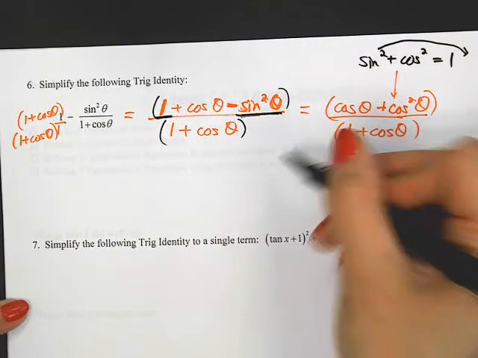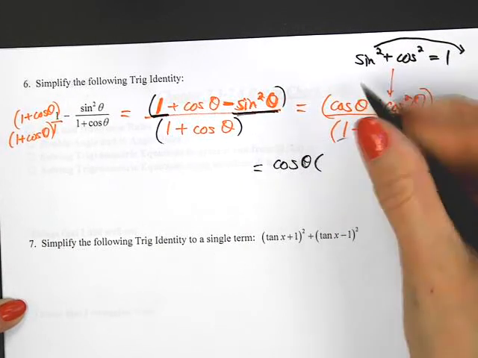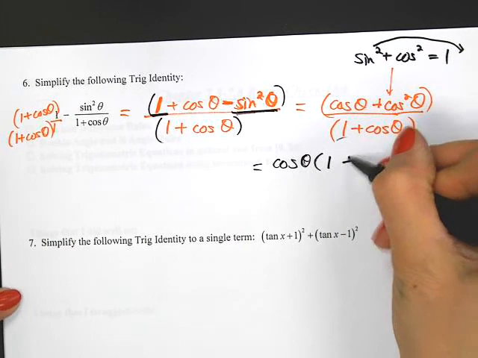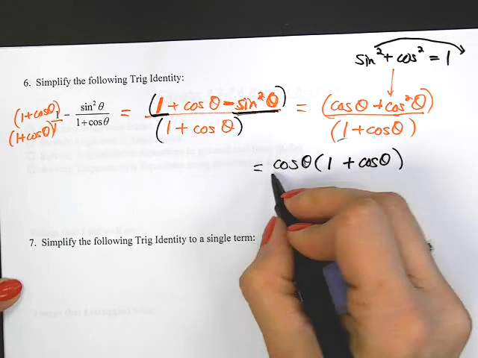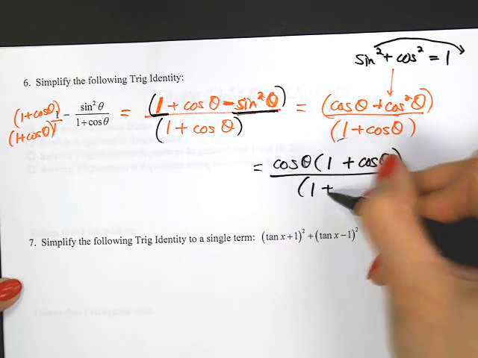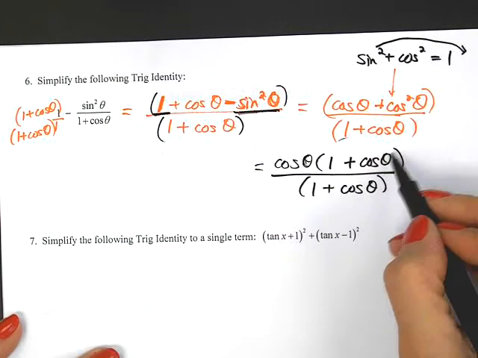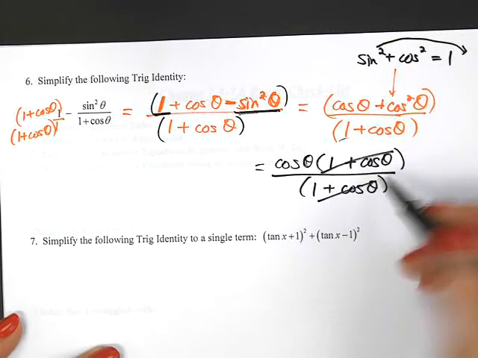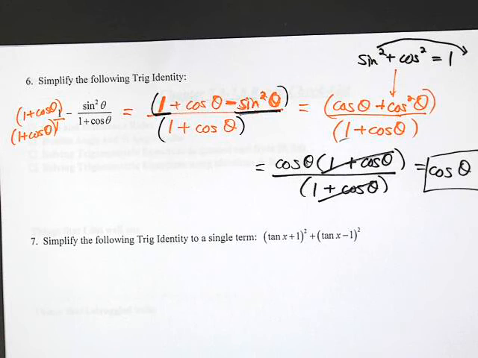I'm going to factor a cosine out of the numerator, and that's going to leave us with 1 plus cosine of theta, and then we've got 1 plus cosine of theta. Am I allowed to cancel these? Absolutely. And we get cosine of theta. There you go.